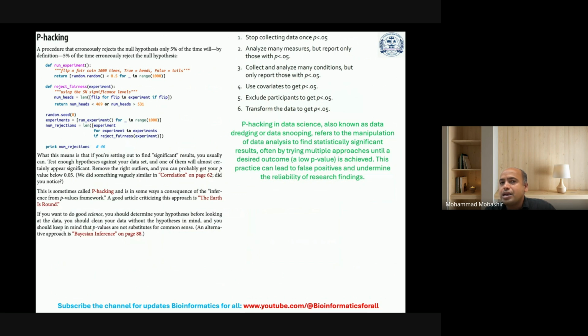Then go for analysis of many measures, but report only those with p less than 0.05. Collect and analyze many conditions, but only report those that fulfill the condition of p-values. Use covariates, then exclude participants, and then transform the data. So these are some of the steps which you need to remember.